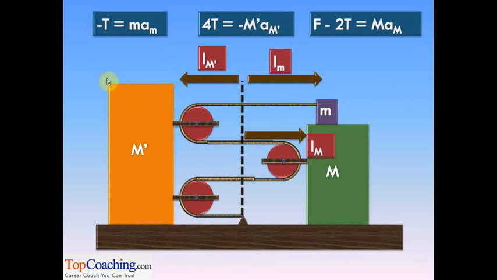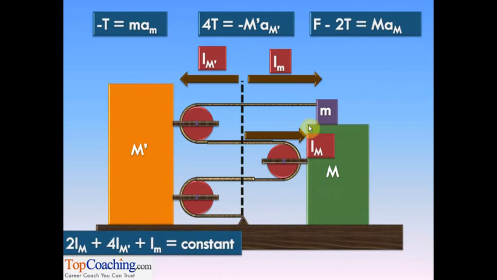I have already assumed that the acceleration of m dash is to the left, the same as the direction of Lm dash, the acceleration of small m is to the right, the same as the direction of Lm, and the acceleration of L capital M is to the right, the same as the direction of L capital M. So now the length of this thread is constant. So you can see that 2L capital M plus 4Lm dash plus Lm is constant, isn't it?